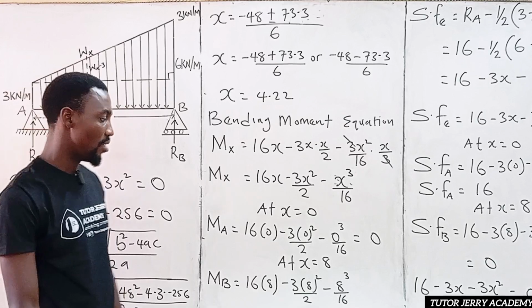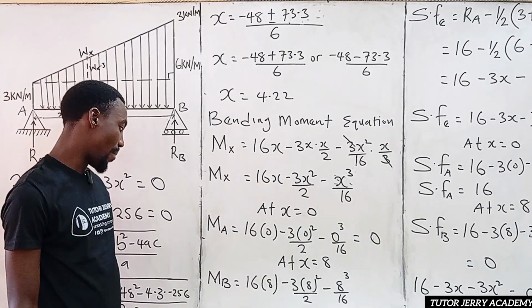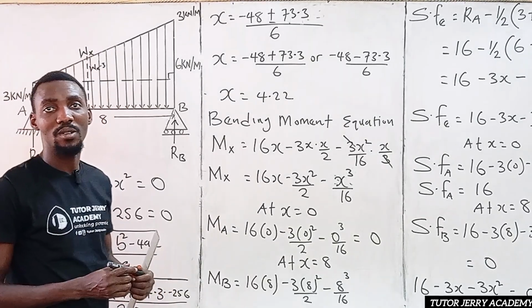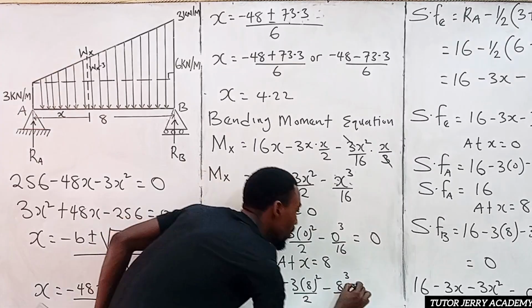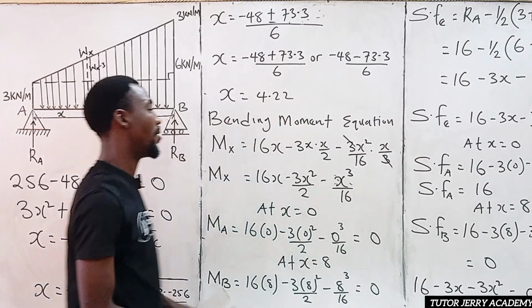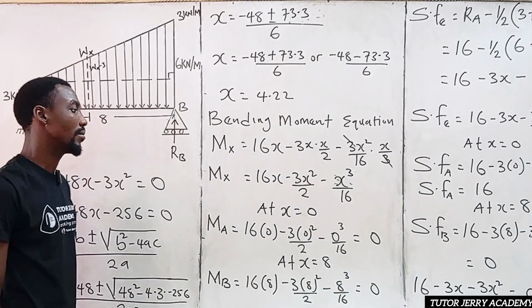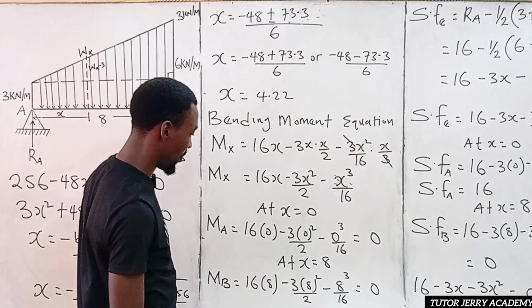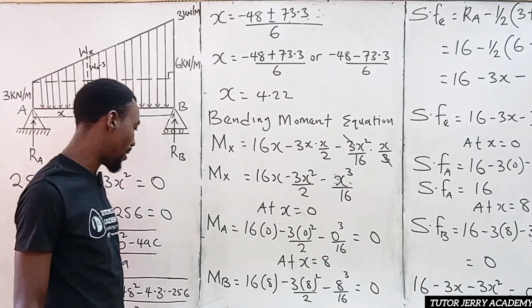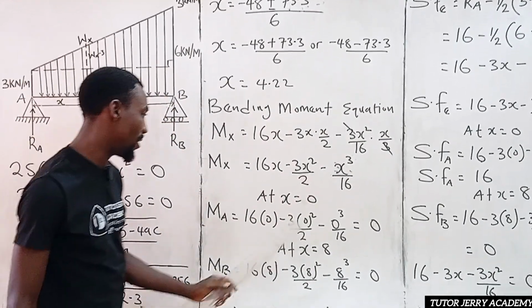If we do this, we are going to have our bending moment at B equal to 0. So our bending moment at point B is 0.